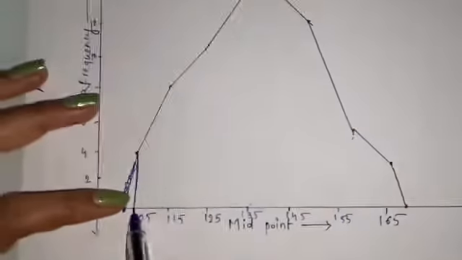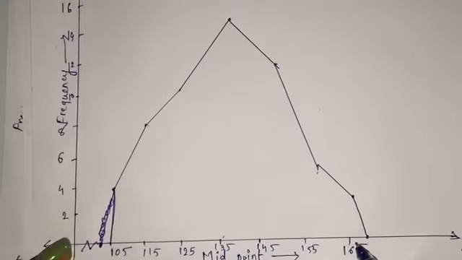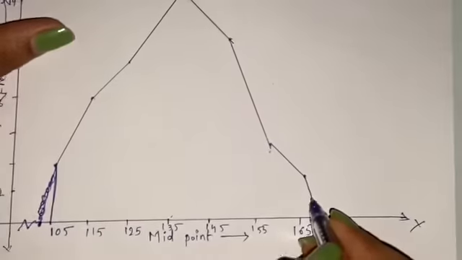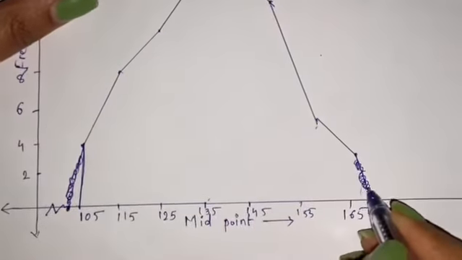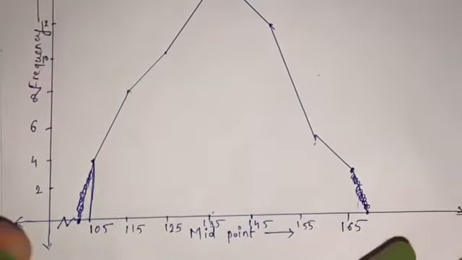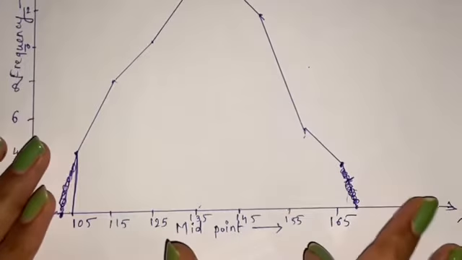Sorry, this will be the 105, and as it ends at last, it is 165 to 3. So now we don't require this. At 3 it will stop. So this is the graph, this you have to cancel. So this is nothing but the frequency polygon.